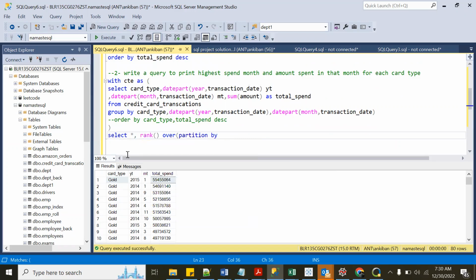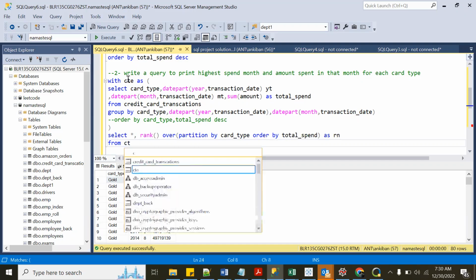I need to partition the data on card type, so for each card type I want a different rank. And then order by total spend, as RN from CT.